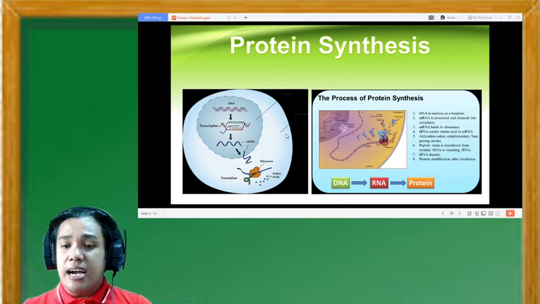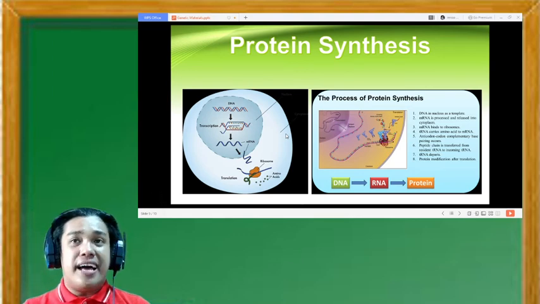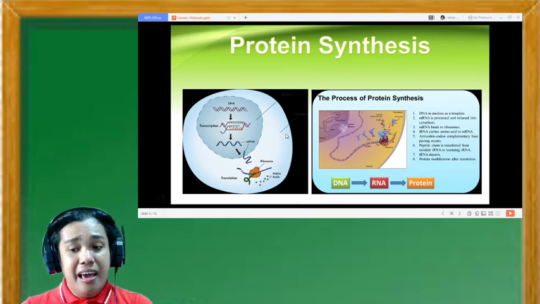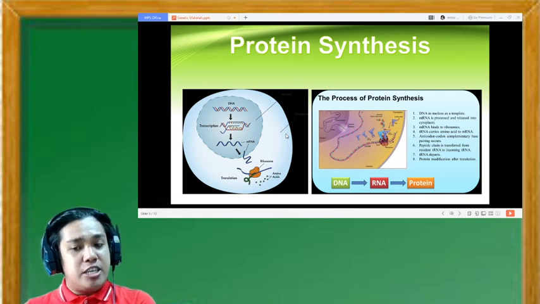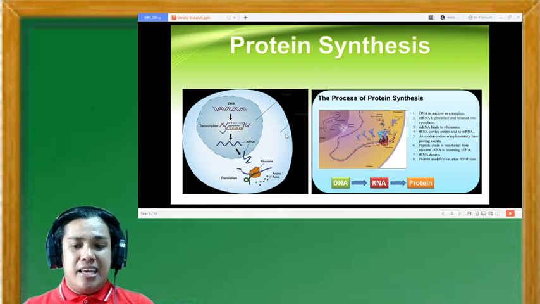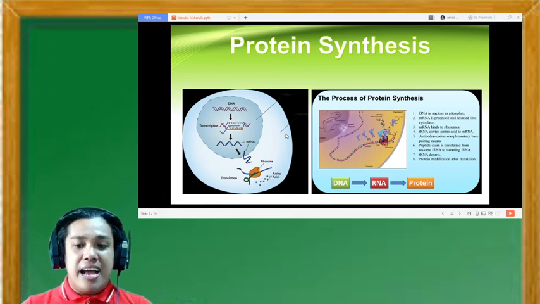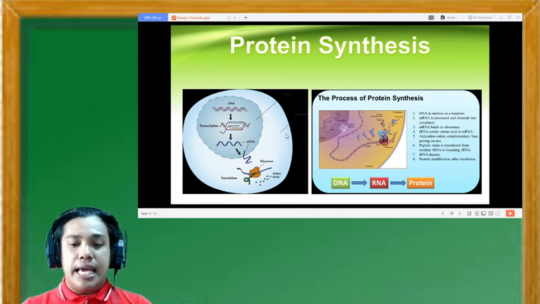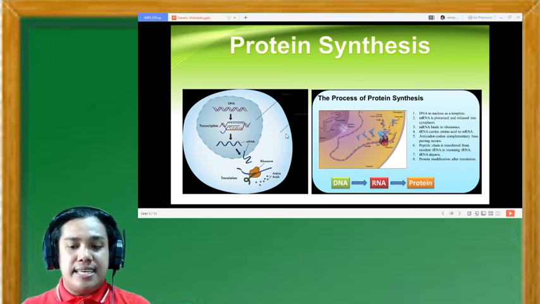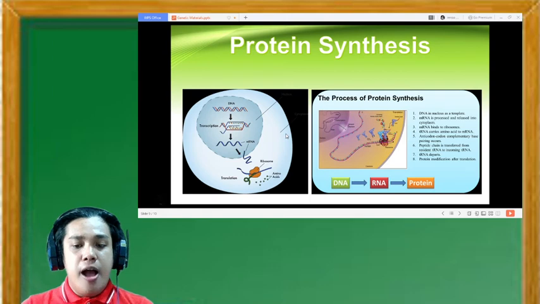Protein synthesis starts when the messenger RNA, or the mRNA, transcribes and copies the genetic information in making protein from the DNA strands. This process occurs inside the nucleus. The mRNA strand exits the nucleus via the nuclear membrane.